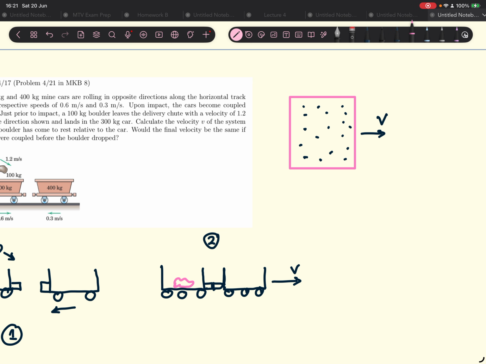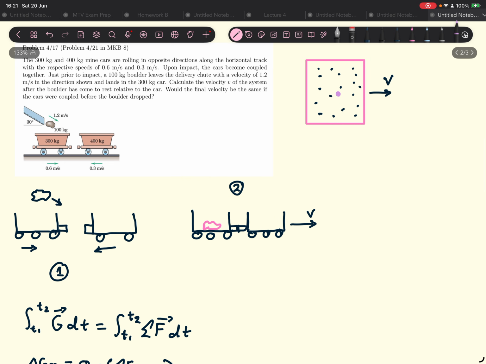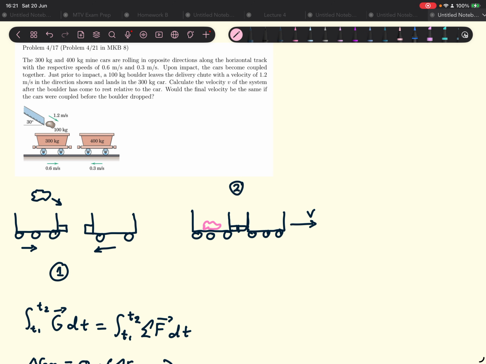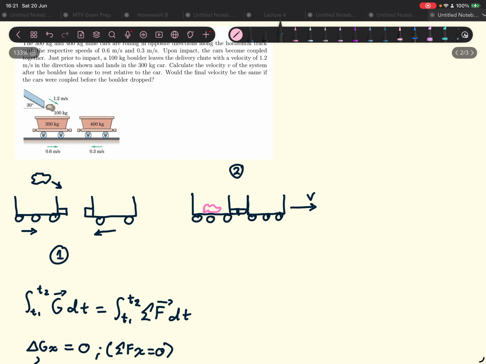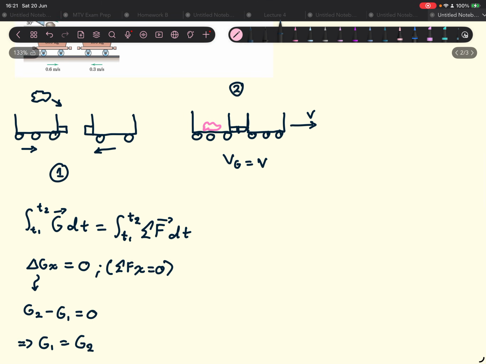And let's say that the center of mass of the system was here. That too would be moving with the velocity v. Every single point has to move with that same velocity. So we have the same situation here where every single thing is forced to move with the same velocity. So the velocity of g in this case is going to be equal to v.